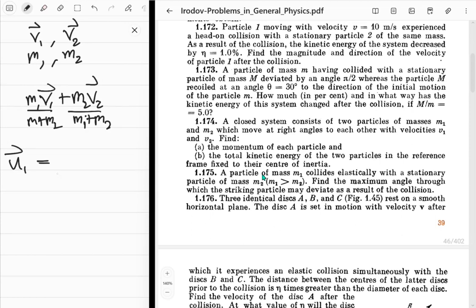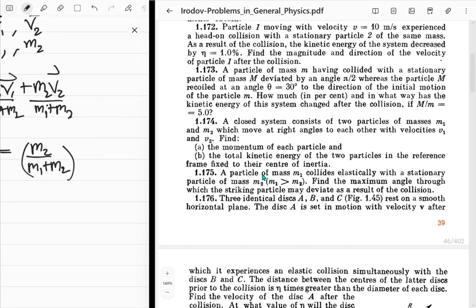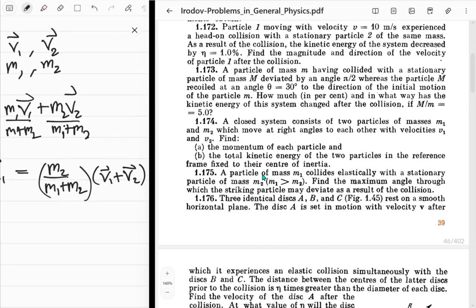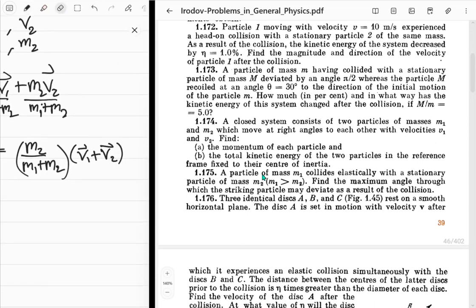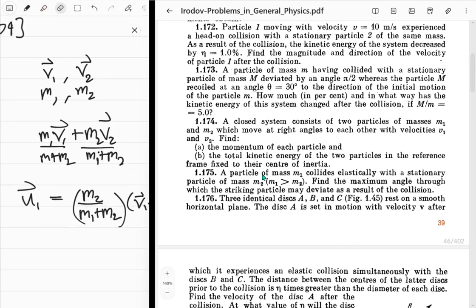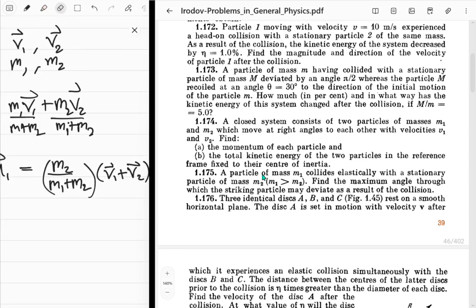It's going to be m2 upon m1 plus m2, and that times v1 minus v2. Yes, it's going to be negative there.